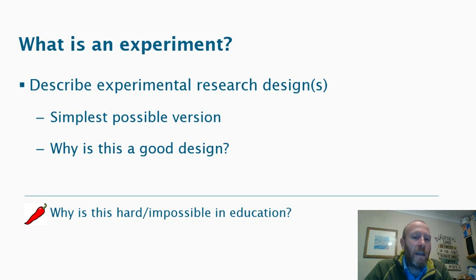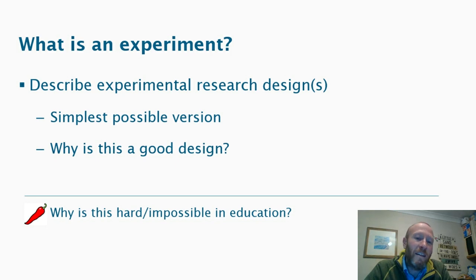And what you're interested in is, if you keep everything else the same, does changing the independent variable have a consistent effect on the dependent variable? And it's a good research design, because if that happens, if every time you make the thing that you're changing bigger, the thing that you're measuring also gets bigger, then you can conclude that it's a causal effect. You can conclude that the thing that you're changing is causing the change in the thing that you're measuring. Okay, so that's what an experiment is.